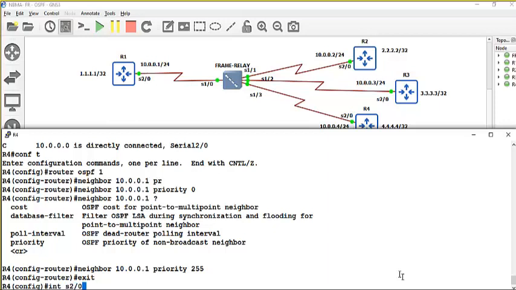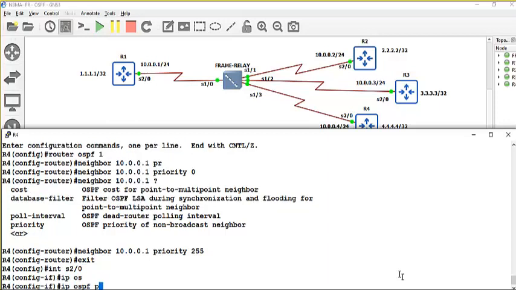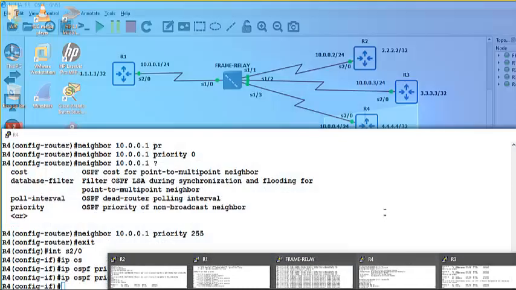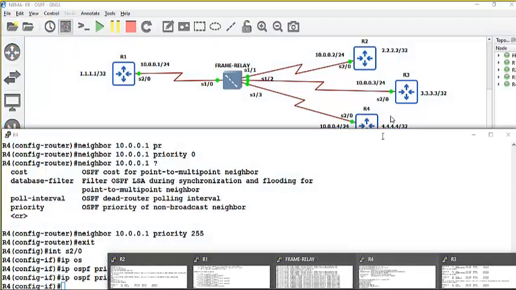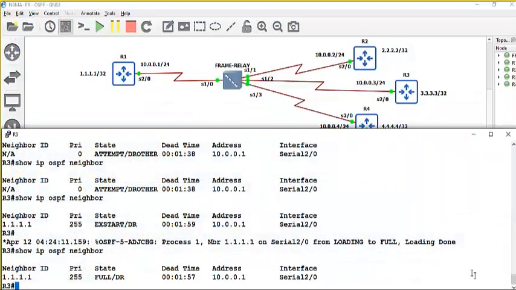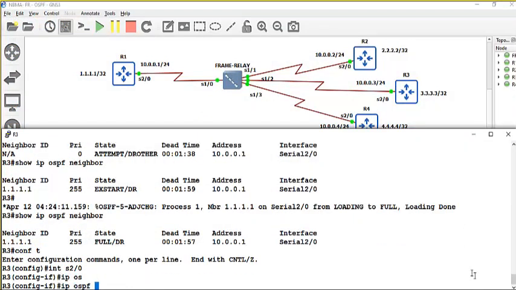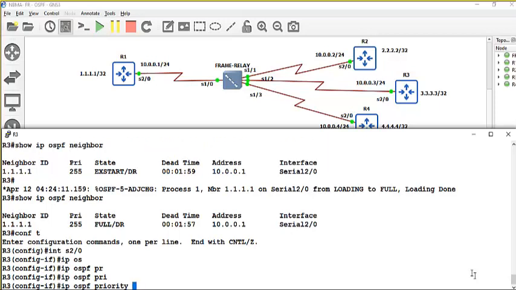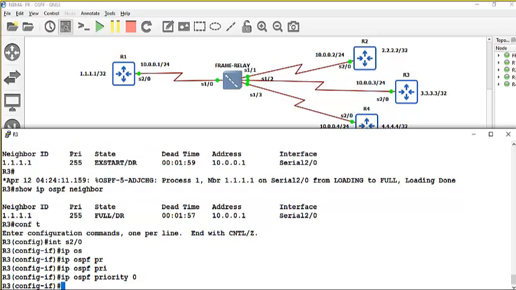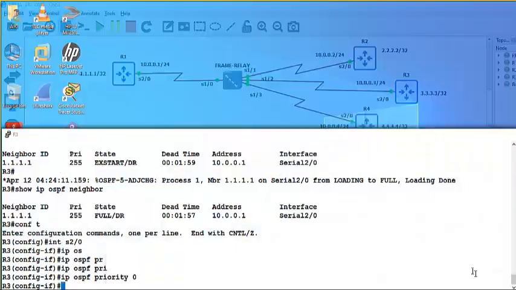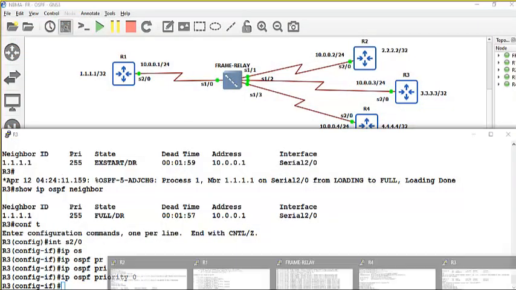How you do that? IP OSPF priority 0. So locally we put priority 0. This is more important. Even if you don't say priority 255 for the neighbor, it is okay. Locally you should say, on all the interfaces serial 2/0, IP OSPF priority 0, meaning I will not participate in election, so that always router 1 will be a designated router.